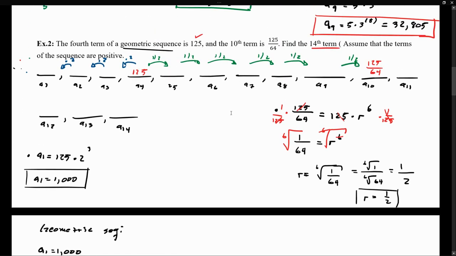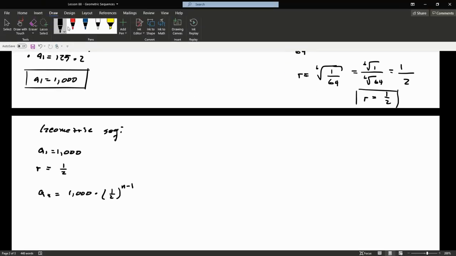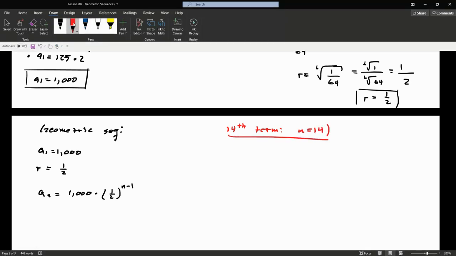Again, our example here says we want to find the 14th term in the sequence. So all we've got to do is use our equation. For the 14th term, we're going to let n equal 14. So let's do that now.